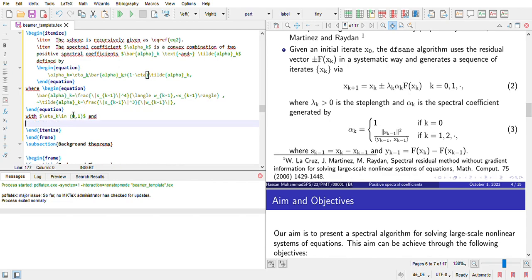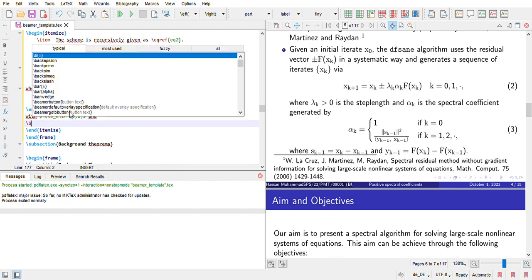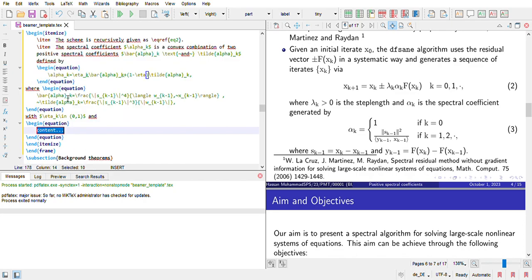So backslash begin equation, and then we say w_{k-1} will be equal to the inner product of y and s, then times y.